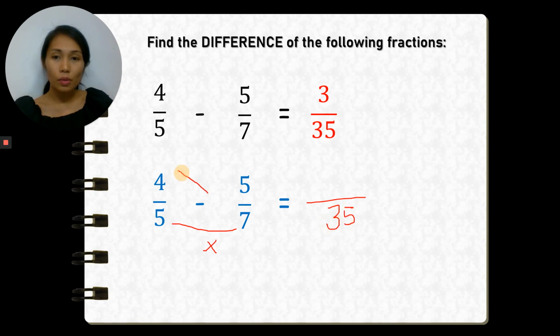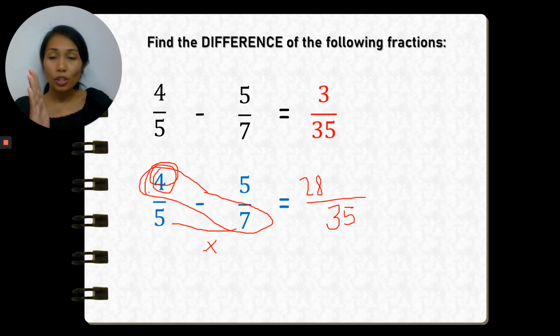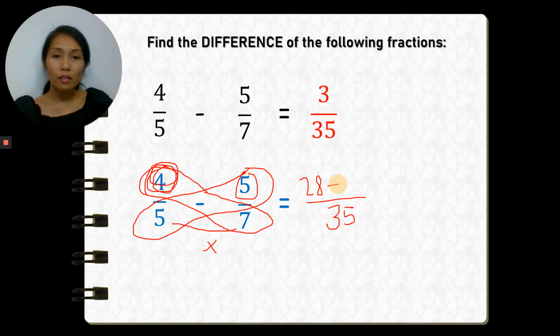Now let's cross multiply. 4 times 7 is 28. Always start with the numerator of the first fraction. You cannot start with 5. Start with 4 first. Then 5 times 5 is 25.